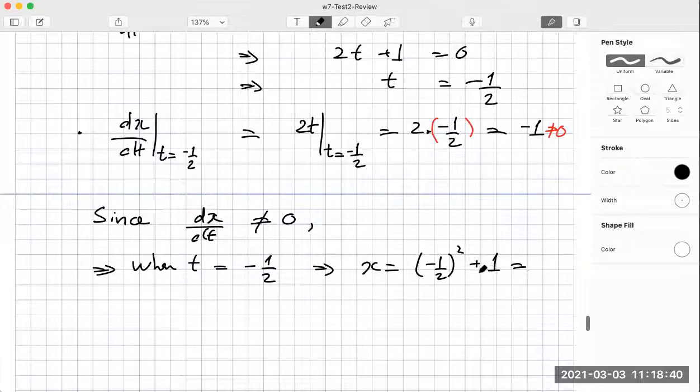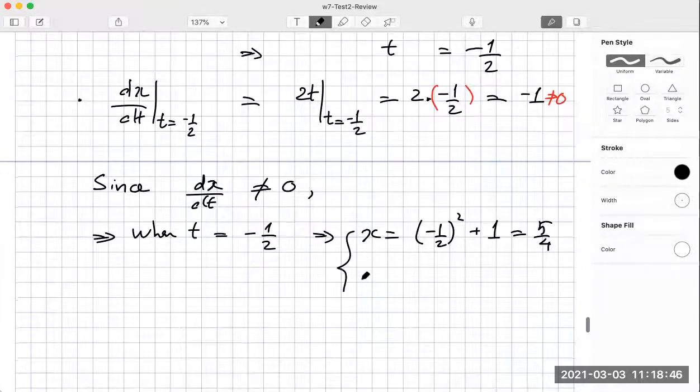That is 1/4 plus 1, which is 5/4. And y will be t squared plus t, which is (-1/2) squared plus (-1/2), which is 1/4 minus 2/4. It will be -1/4.